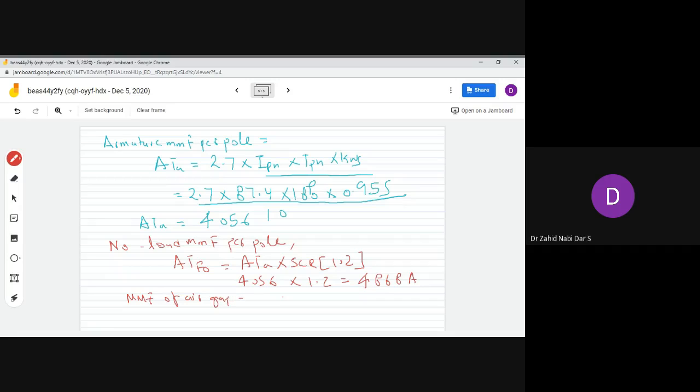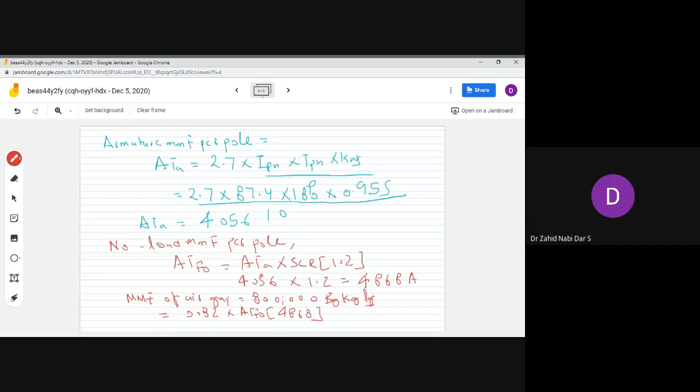MMF of air gap is equal to 80,000 into BG KG LG, and this we require is equal to 0.82 of this MMF, 0.82 into AT_FO. So this AT_FO, what value we got? This is 4868.